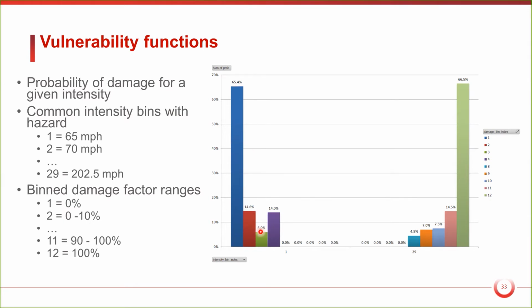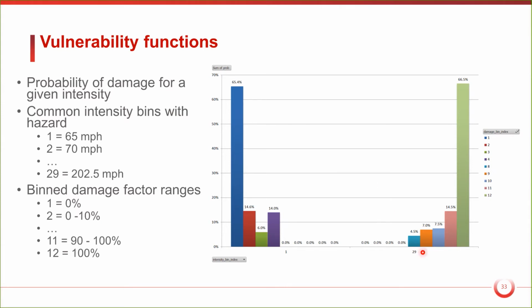And importantly, these are discretized closed form distributions. So this doesn't have to be approximated to some kind of assumption of a statistical distribution. These can be lumpy distributions to represent more complex vulnerability functions of types of buildings.